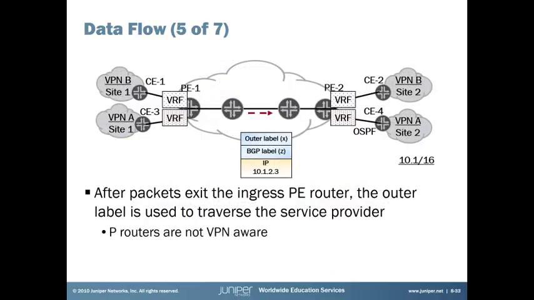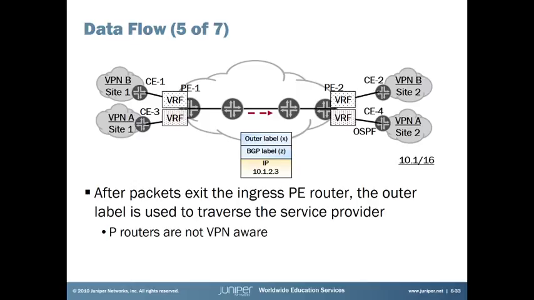After the packets exit the ingress router, the outer label is used to traverse the service provider. So we have the push, and we have the swaps all the way along. The P routers are not aware that there's a VPN, they don't need to know about it at all. So the P routers are just swapping the outer label. The inner label stays there unchanged the whole time.